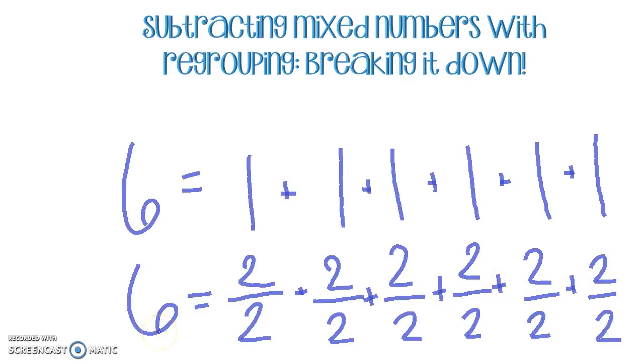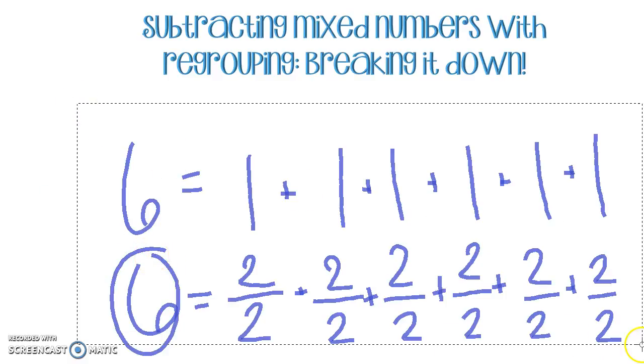Which will give us still the same whole number, which would be 6. Okay, so all I did was I broke down my 6 into 1s, and then I broke each one into a fraction. And ultimately, at the end of the day, I still have my same whole number, 6.